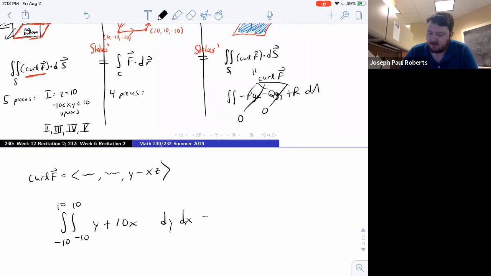And then it turns out it's 0, because this rectangle has symmetry both over the x-axis and the y-axis. The first term is odd with respect to y. The second term is odd with respect to x, so it ends up being 0. But that's the idea.